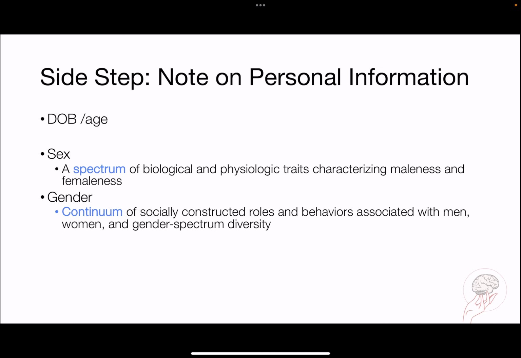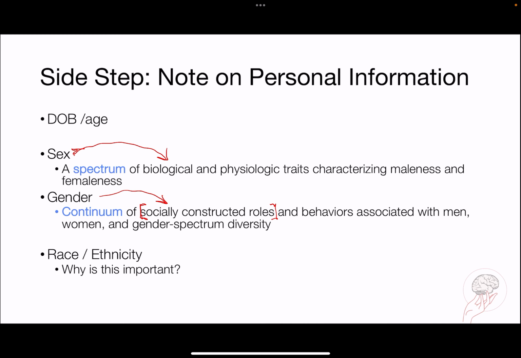Gender is a continuum of socially constructed roles. The important thing here is socially constructed. So while sex is biological, gender is social. So it's those socially constructed roles and behaviors associated with men, women, and overall gender spectrum diversity.